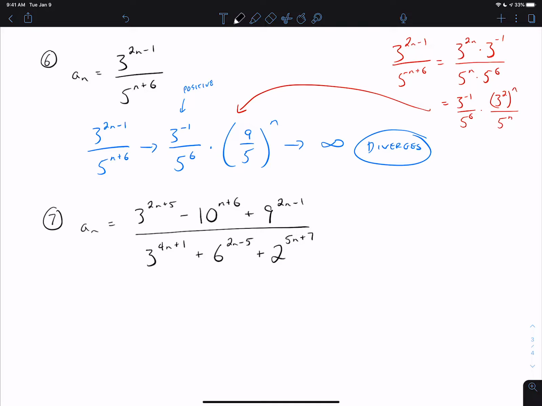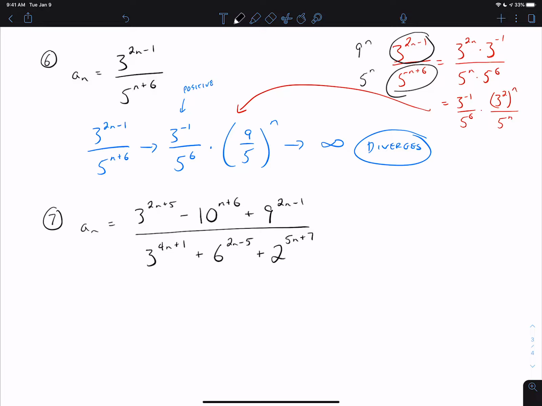When you have exponentials, meaning you have a number to the n, we're going to be able to say that one of those is dominant based on whichever has the largest base. Looking at the algebra from above, 3^(2n-1) really ends up becoming 9^n, and 5^(n+6) really ends up becoming 5^n.